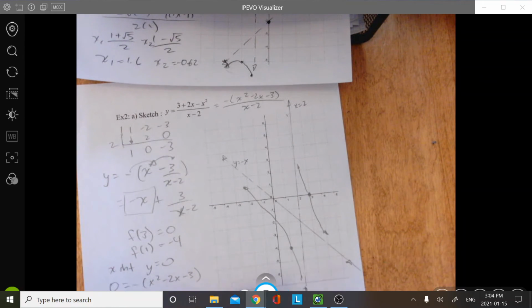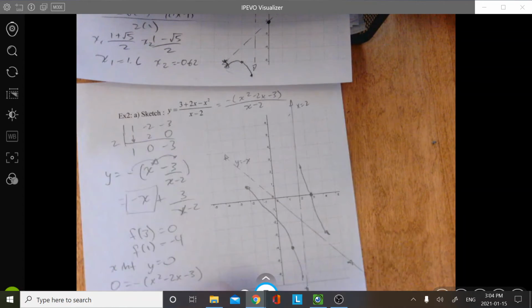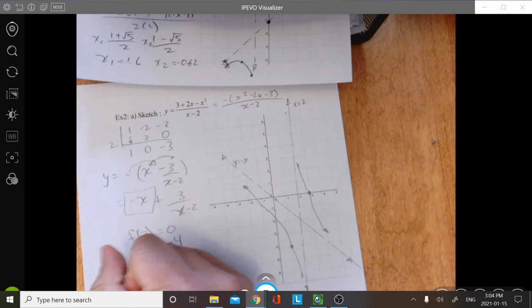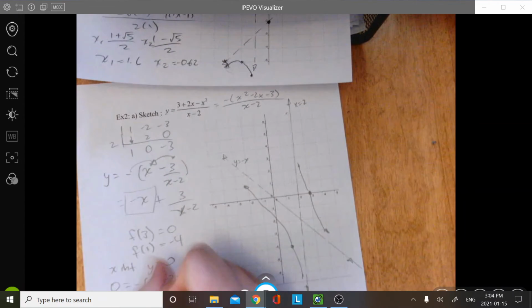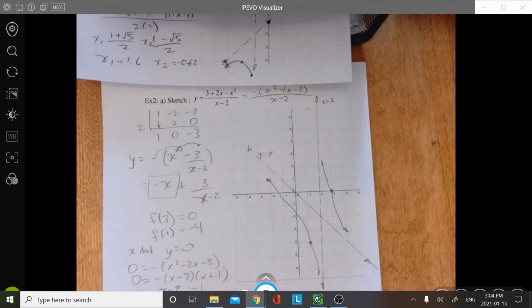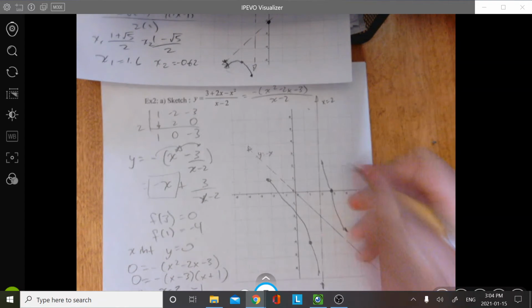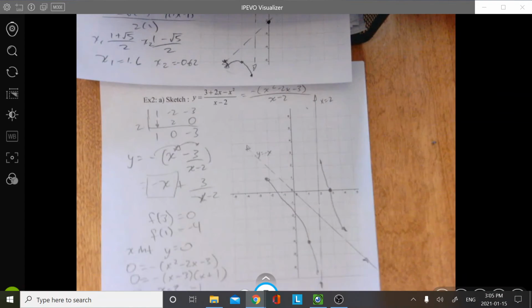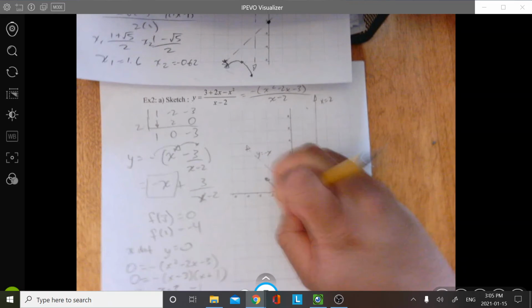And you get negative x minus 3, x plus 1. So our zeros were x equals 3 and x equals negative 1, which is here. Sloppy sketch here.